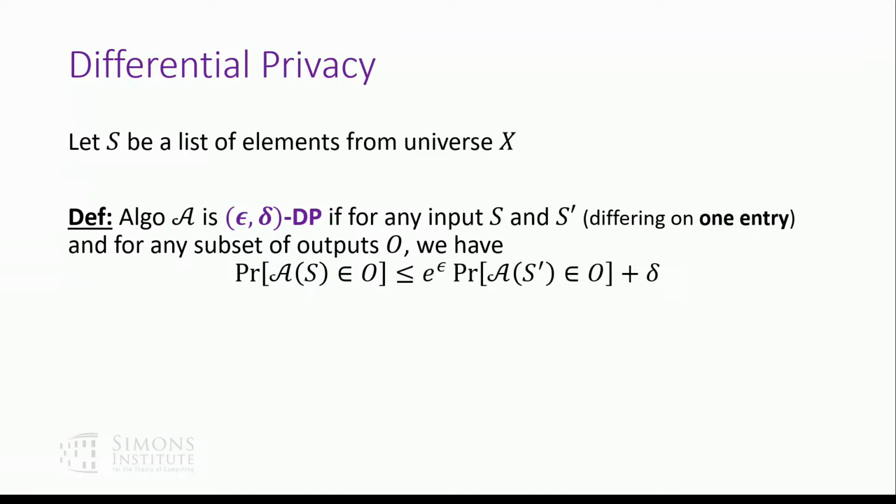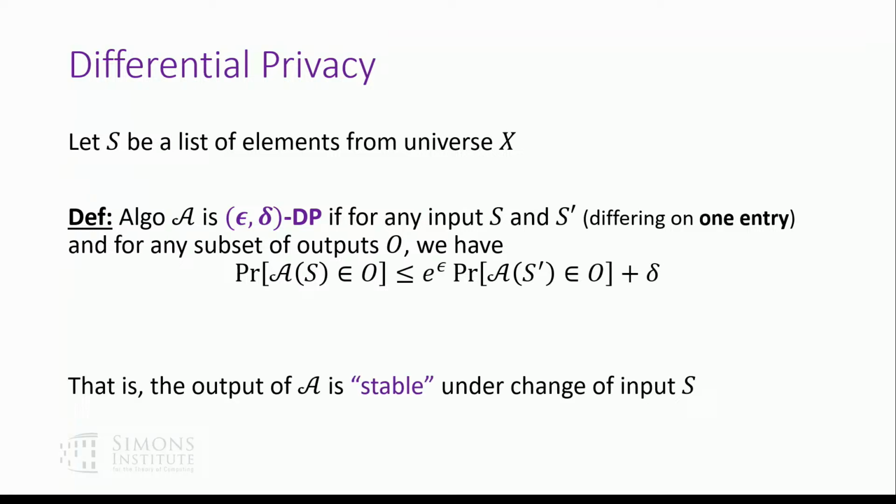The additive factor you should think of as something very small, 1 over poly n. This one you can think of as a small constant. In other words, the output of A is stable under change of the input. So privacy is just stability of the algorithm. You want this to be smaller: the smaller, the more stable you get.